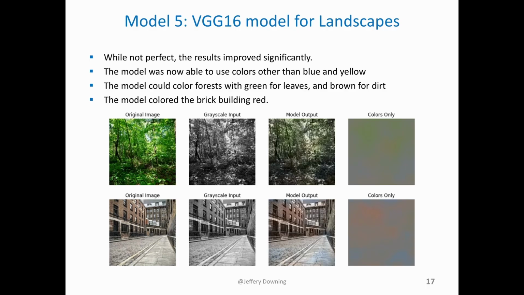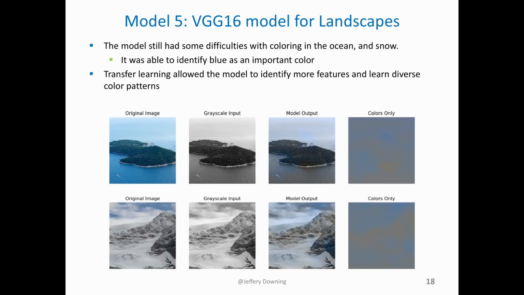So it seems like there's still a lot of improvements that could be made to this model. The model still had some difficulties with coloring in the ocean around the island, as well as the snowy environment, but it did notice that blue was a key color in these. So it seems that transfer learning did allow the model to identify more features, and it allowed the model to learn more colors that are associated with different environments.